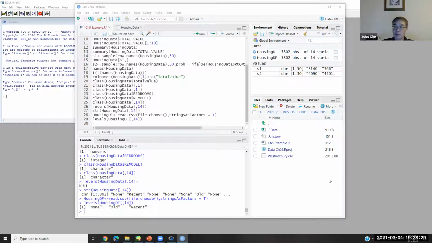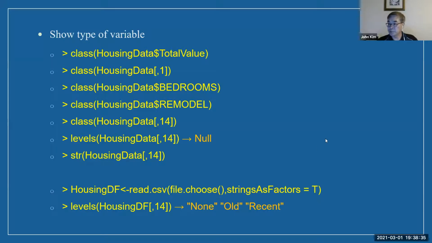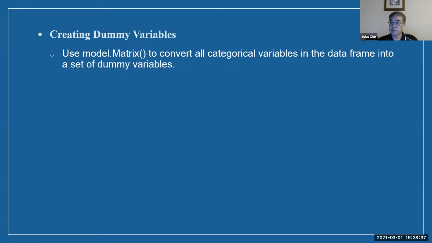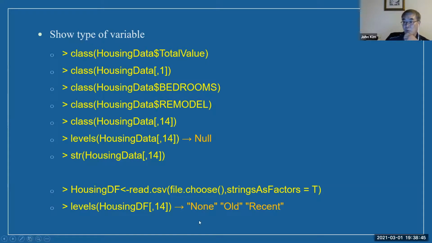The next part is not in your lecture note. This one is kind of an extra part: creating dummy variables. We have 3 categories: none, old, recent.